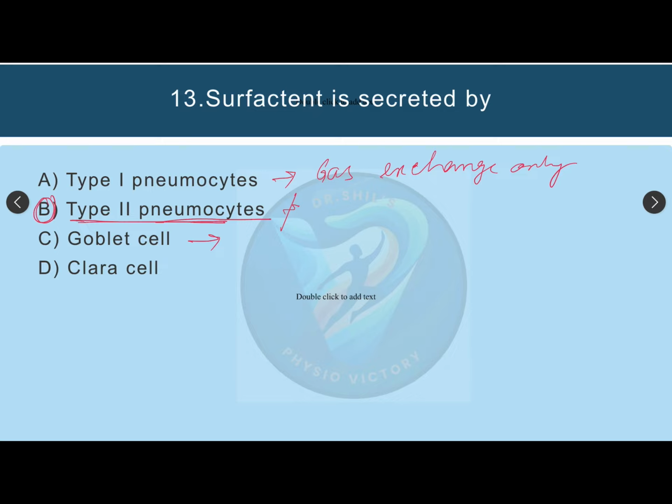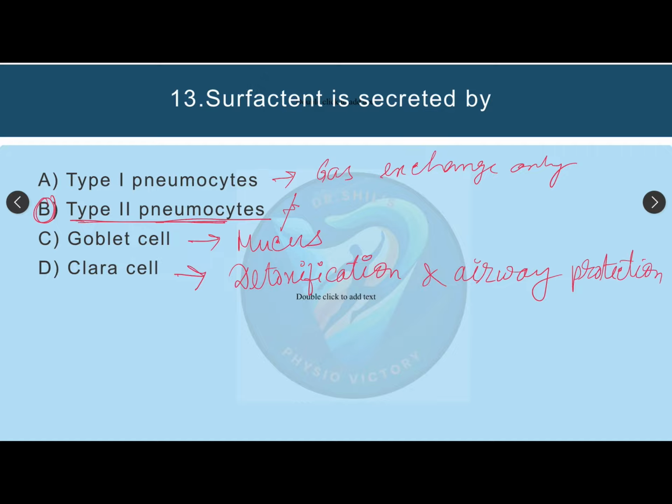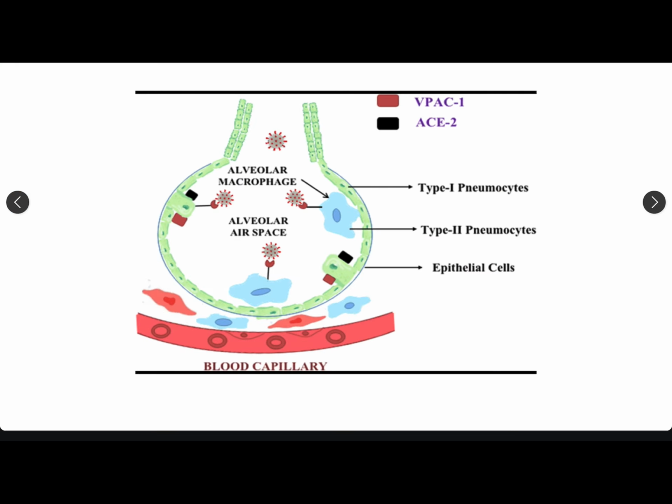Goblet cells secrete mucus in the airway, and Clara cells basically help in detoxification and airway protection. So this is basically a type 2 pneumocytes.